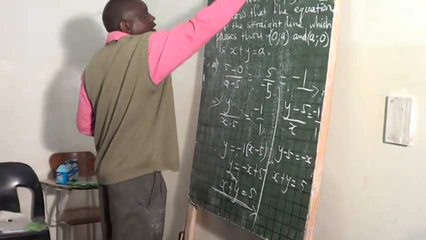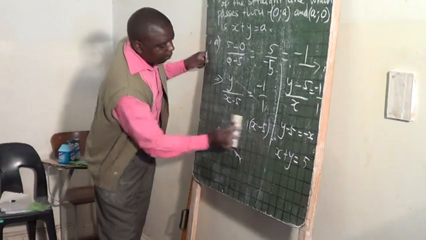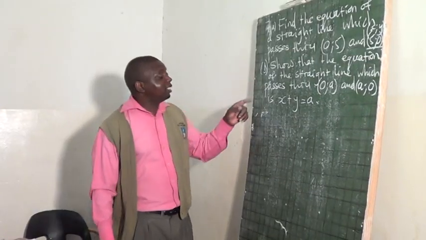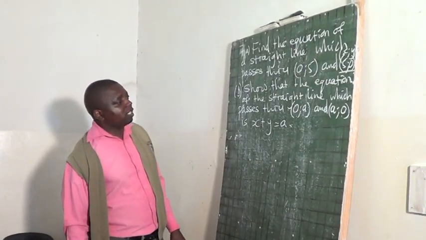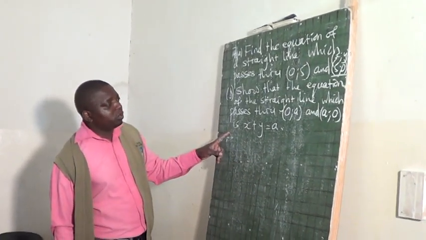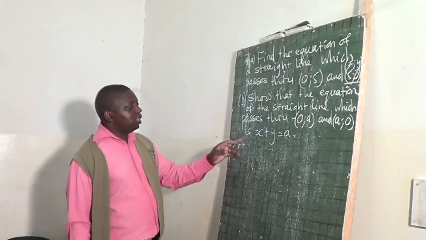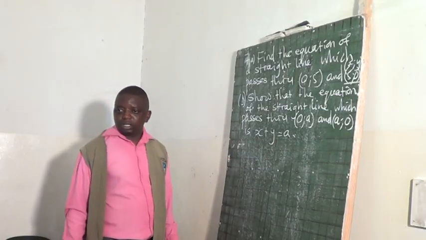Now let's go to part B. Show that the equation of the straight line which passes through (0, a) and (a, 0) is x plus y equal to a.